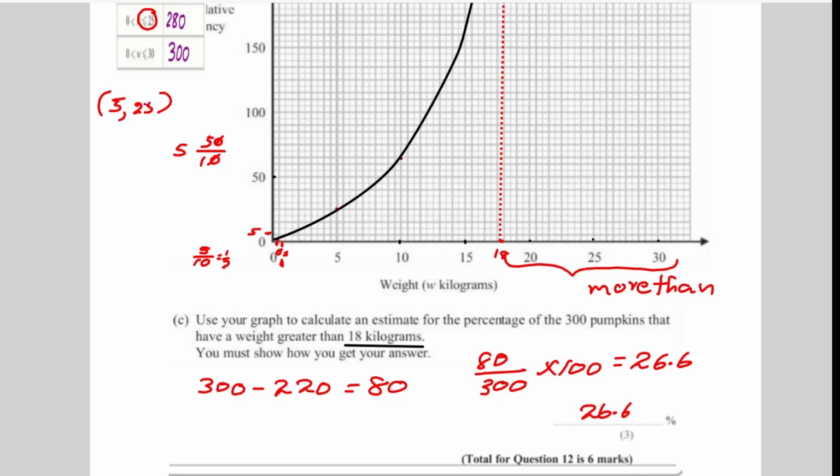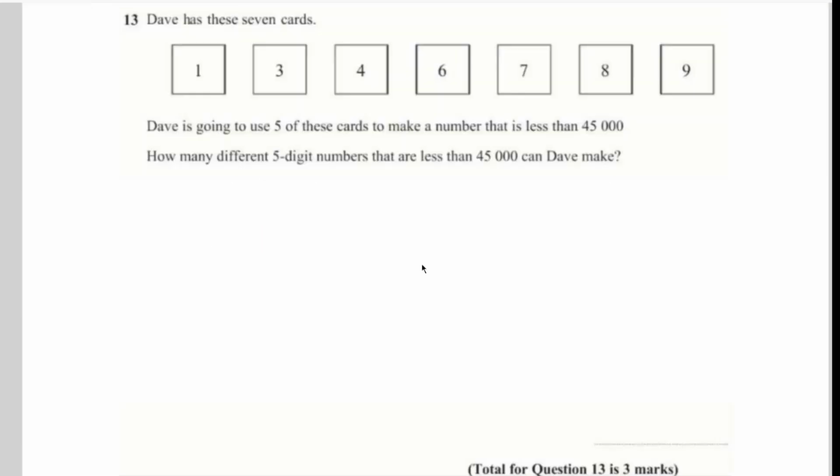27 percent. Question 13. Dev has these 7 cards. There are 7 cards here. Dev is going to use 5 of these cards to make a number that is less than 45,000. How many different 5-digit numbers less than 45,000 can they make?